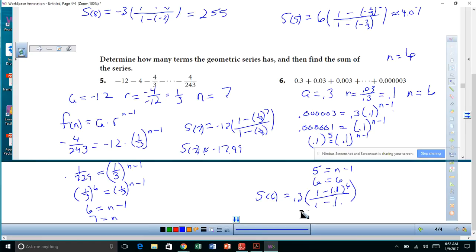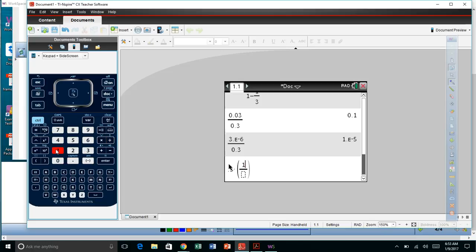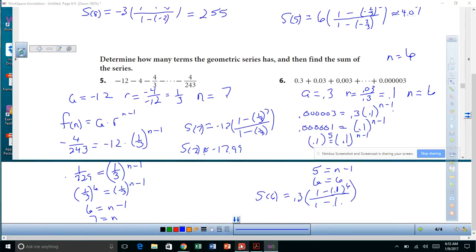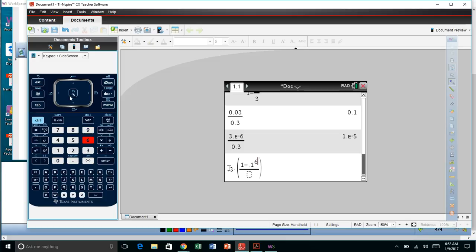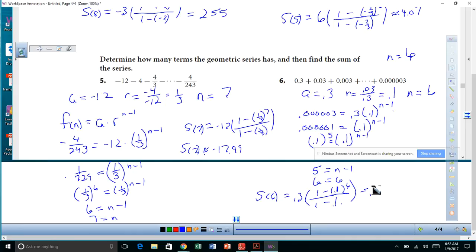That's supposed to be R. So we've got 0.3 times, open parentheses, control divide, 1 minus 0.1 caret 6 over 1 minus 0.1, and we get 0.33333, repeating. All right, so there we go. That's 6.